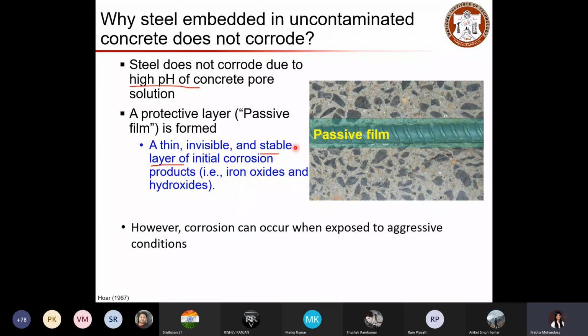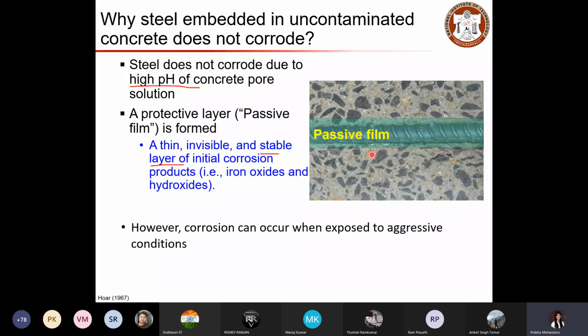So now let us look at how the steel reacts when it is inside the concrete, right? So why does steel embedded in uncontaminated concrete not corrode? Uncontaminated concrete means concrete that is free from any chloride or carbon dioxide, which could cause corrosion, right?